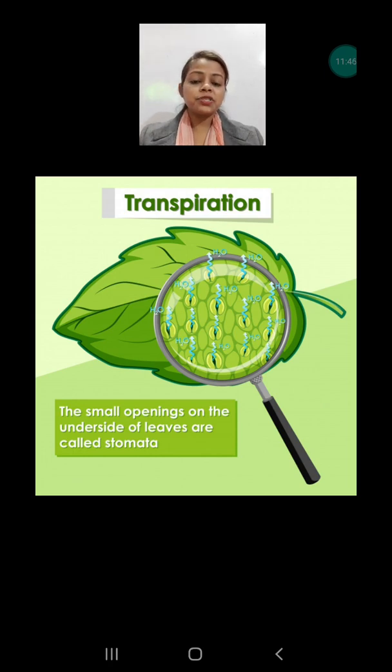Some trees like gulmohar and mango use transpiration to keep themselves cool in the summer season. In the summer season, they evaporate water into the environment, and by that process those trees keep themselves cool. So transpiration is important for big trees in the summer season also.